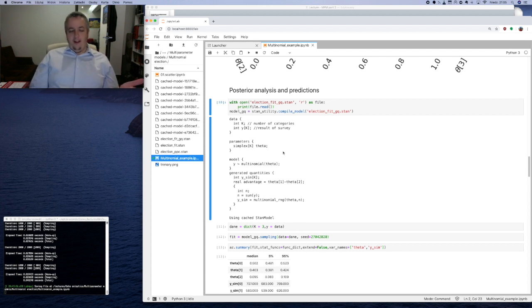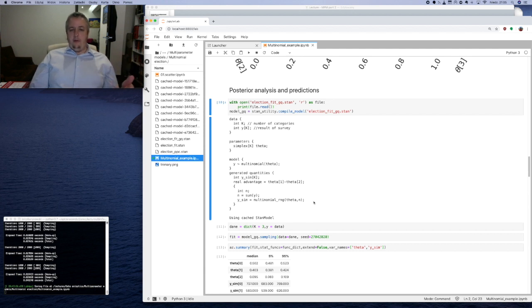We don't care about it too much because it's a simplex with a uniform model on simplexes. So our model here will be fitting theta according to our likelihood, which is a multinomial distribution.